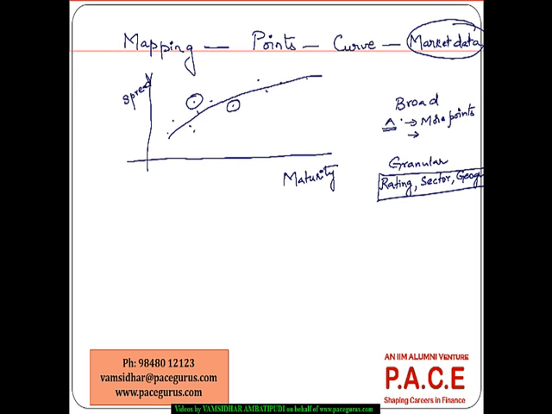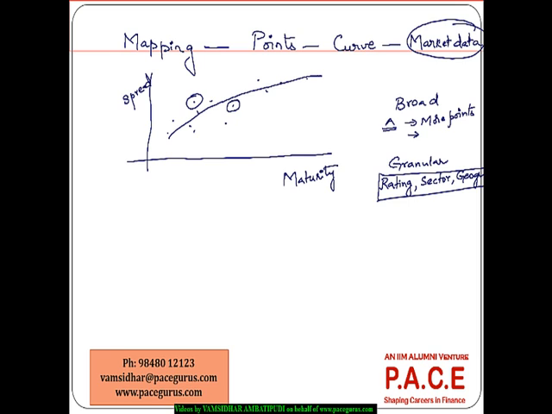So I can talk about the utility sector of India which is A rated. So I can very well have different kinds of curves, which means the number of points are much lesser, but I can very well distinguish between the different counterparties.